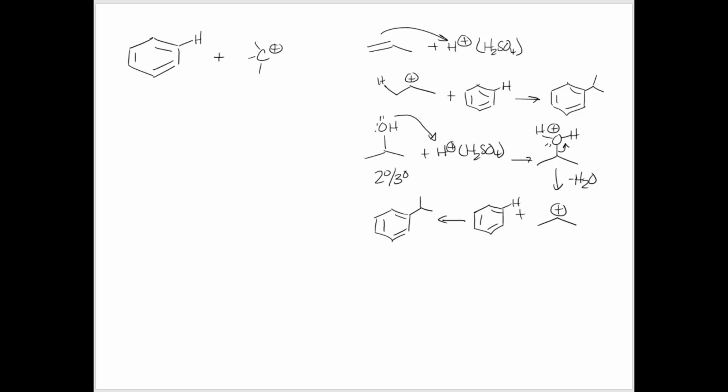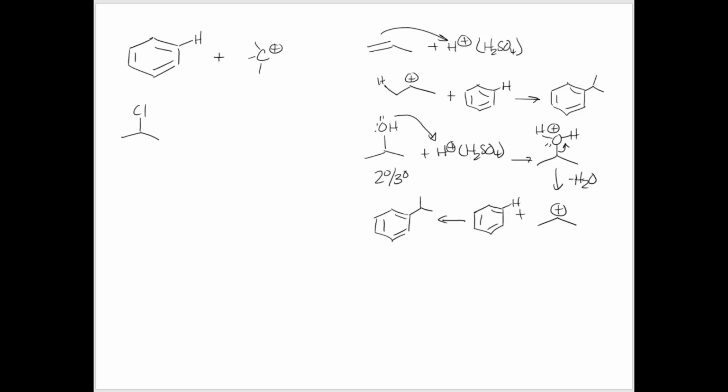Okay. All right, great. So how else can I form a carbocation? Well, if you're sitting there thinking, why don't we just do the same thing with a chloride and let the chlorine come off?